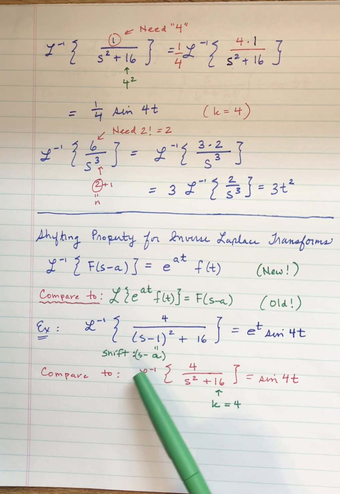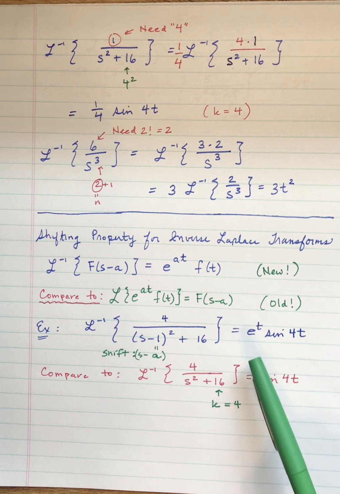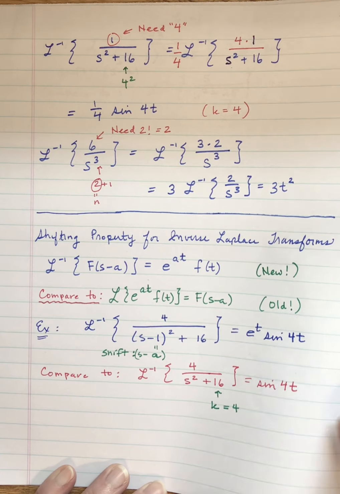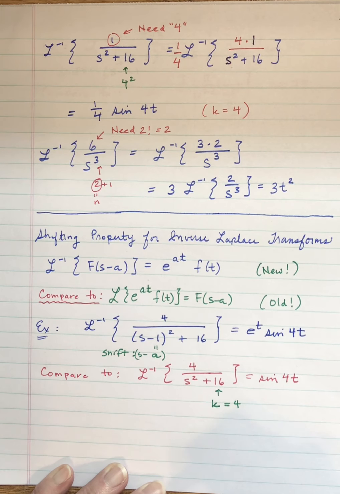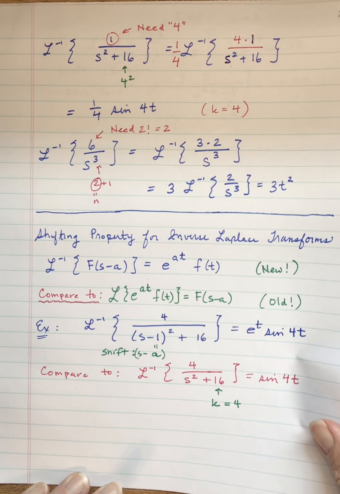And here we shifted, this is s minus a, that means our a is 1. So we just multiply this function, sine of 4t, by e to the t. And when you look at your table of Laplace transforms, this is the second column. So you don't even have to think that much about it. You can look it up in the table. I just want you to know what's going on behind that table.